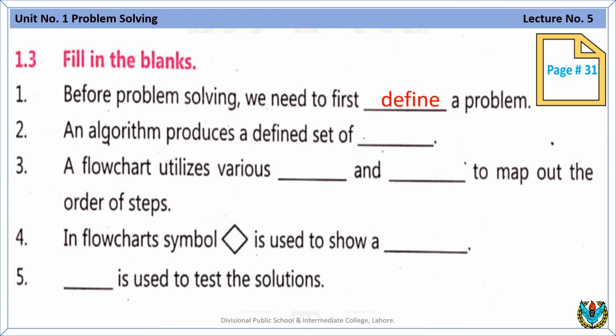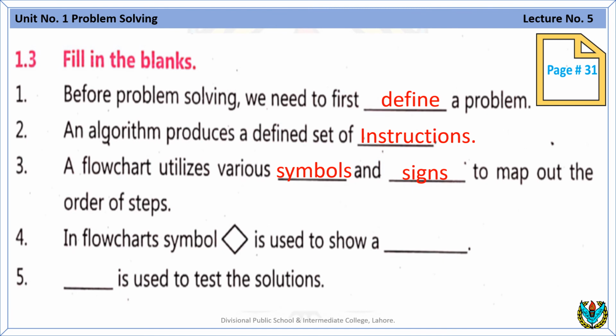Answer is, an algorithm produces a defined set of instructions. Number 3, a flowchart utilizes various dash and dash to map out the order of steps. The answer is, a flowchart utilizes various symbols and signs to map out the order of steps.